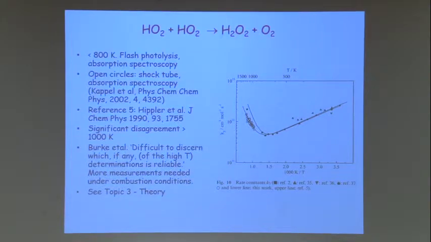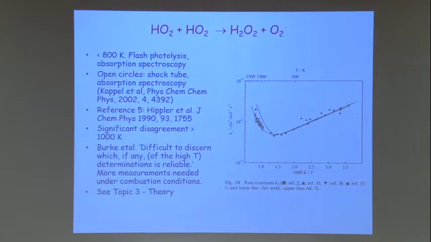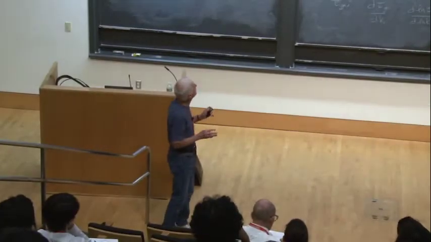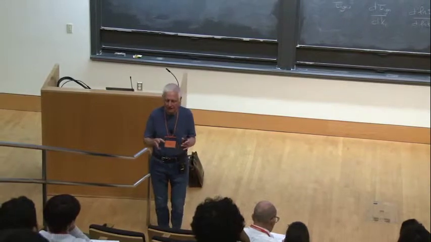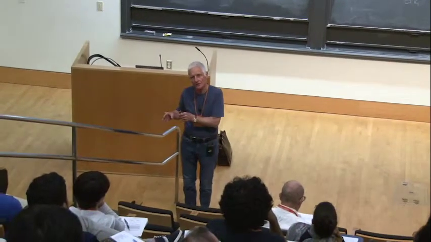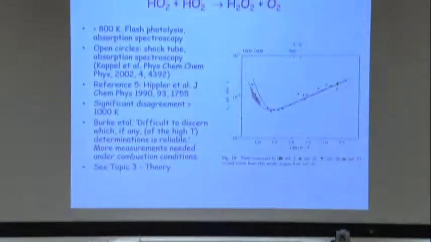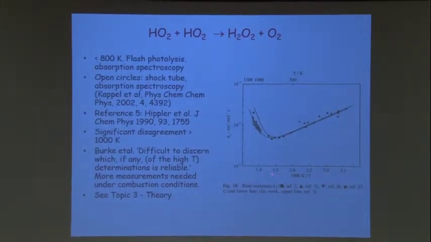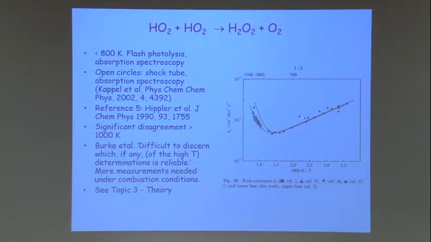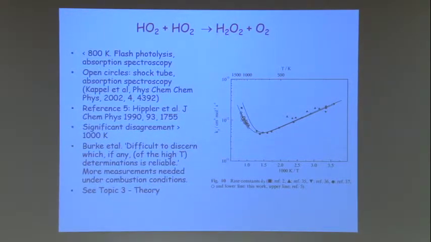What's happening is the HO2 and the HO2 come together and are stabilized, forming H2O4. That's stabilized, and then it dissociates to form H2O2 plus O2. And the rate constant for that decreases as the temperature goes up.